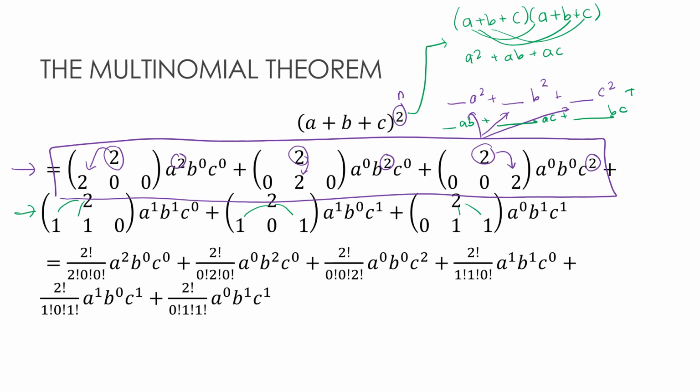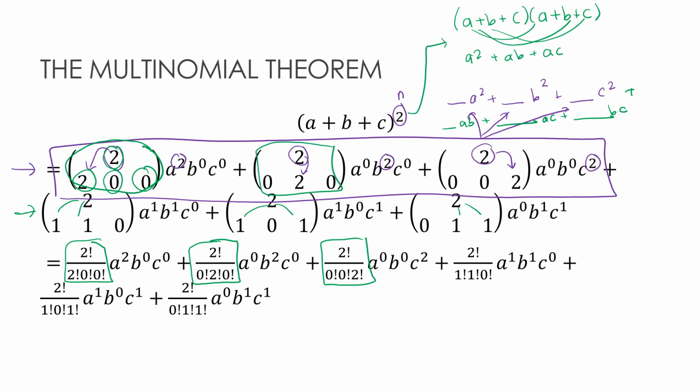What do those multinomial coefficients turn into? Well, essentially what we're saying is take 2 factorial over 2 factorial, 0 factorial, 0 factorial. Same thing here. 2 factorial, 0 factorial, 2 factorial. Keep in mind that 0 factorial is 1. And then that's for the third.